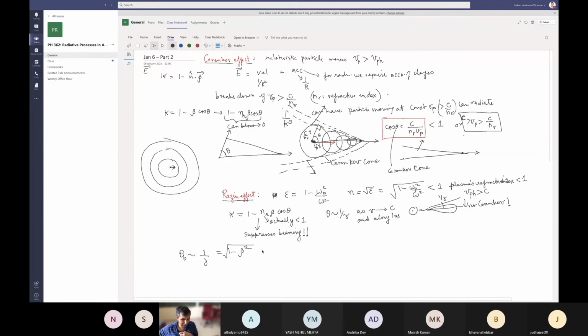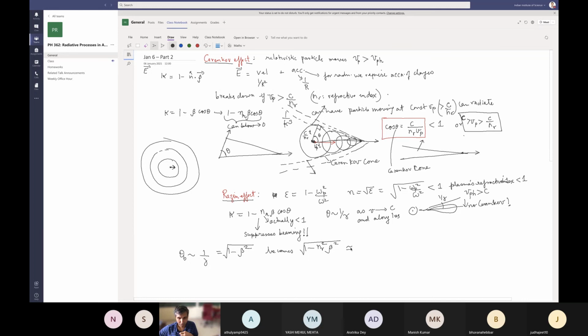Now this is corrected and becomes the square root of 1 minus n_r squared beta squared, where n_r is the refractive index, and that is what it is for a plasma.